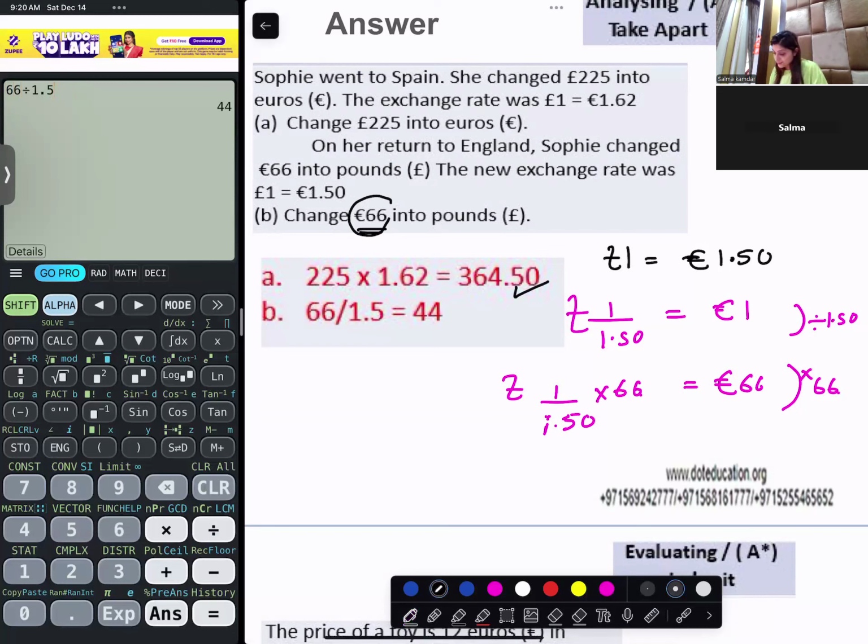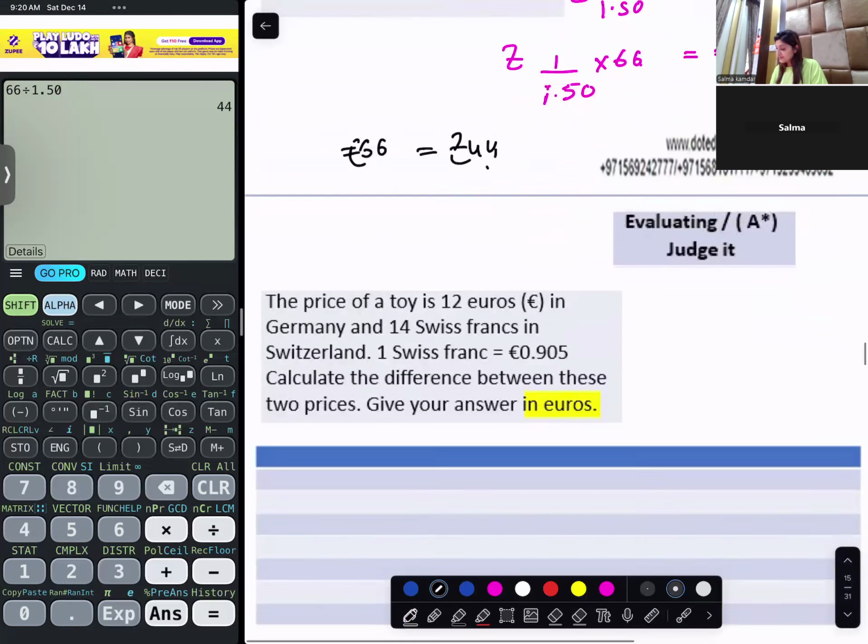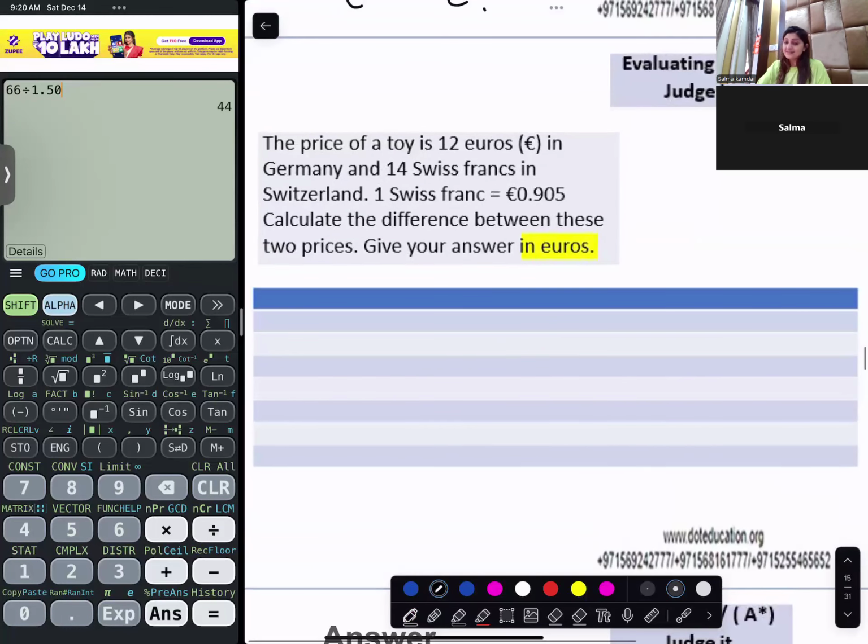So 66 euros is nothing but 44 pounds. This is just basic algebra. Now the next sum, pause, try, come back.